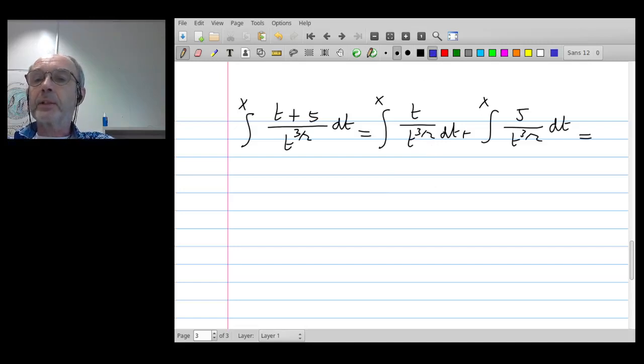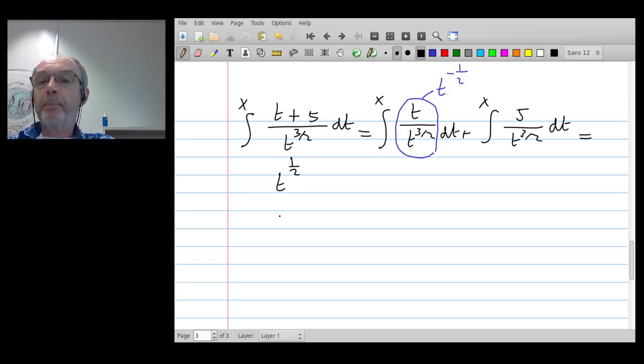For instance, if you write it out, you have t to the power minus 1 over 2. And so if you integrate it, what will we get? We will get t to the power, now you have to add 1, so you have the integral of t to the power plus 1 over 2, and if you differentiate this one, you get 1 over 2 times.